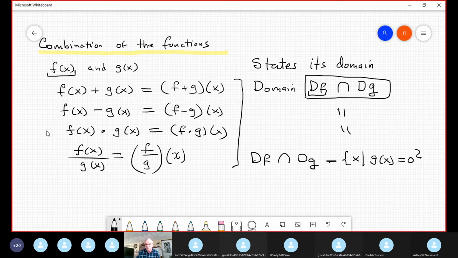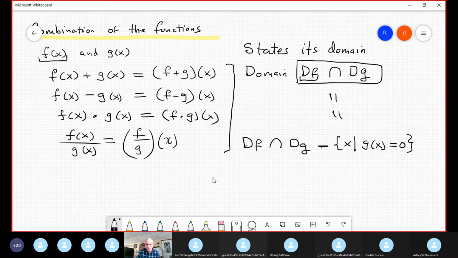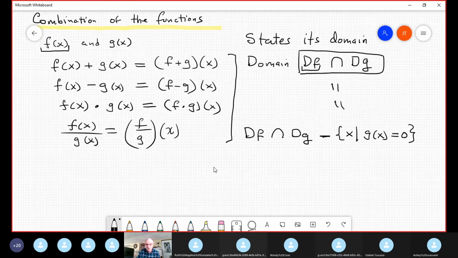Because this is a restriction. When g is 0, division by 0 is undefined. The undefined is totally outside the domain. Remember, the domain is the set of x values such that my function is defined. If it's undefined, it's completely out of the domain.